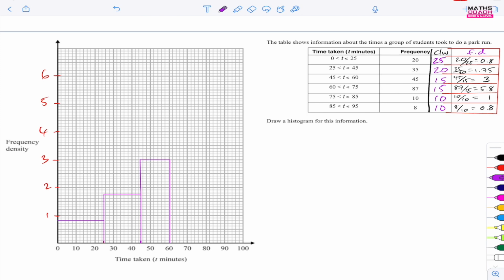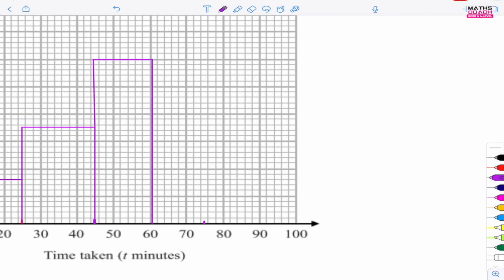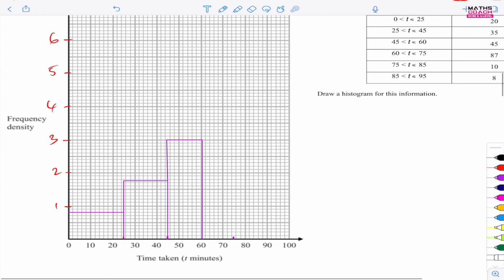Okay, now what do we have? We've got 5.8 next. Okay, so this is going from 60 to 75. So 60 to 75, 5.8. So let's go ahead and find where 75 is first, right there. And we're going to go up and find 5.8, right? So 5.5, 6, 7, 8, right there.